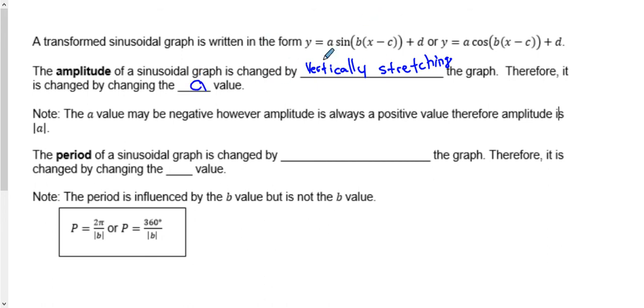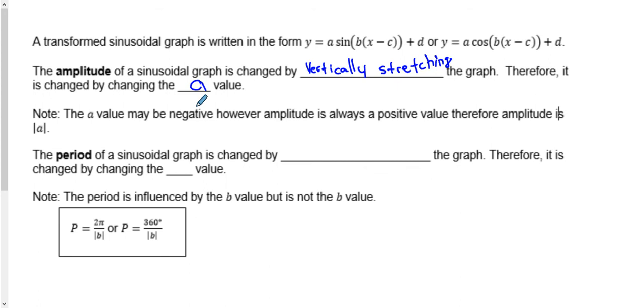If you have an A value, your graph is being vertically stretched. Note here that the A value may be negative, however, amplitude is always a positive value, therefore amplitude is always the absolute value of A. If you had a negative A value, that just means you have a reflection over your x-axis.